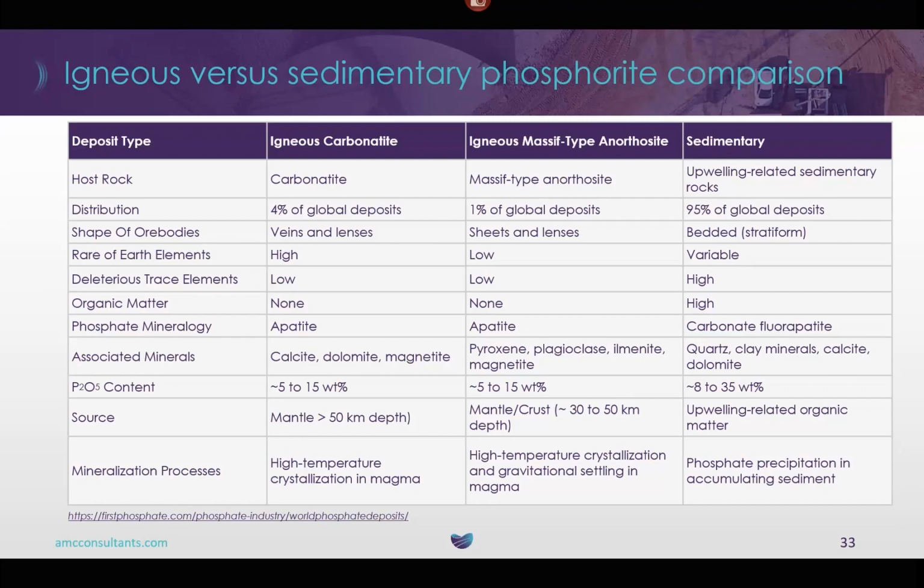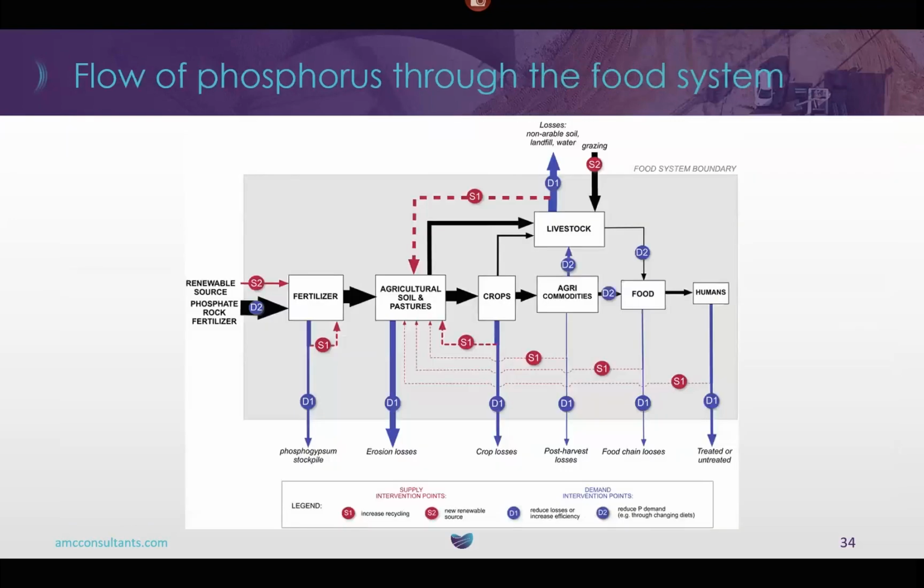So again, having a large phosphate deposit doesn't necessarily mean you're going to have an economically viable phosphate deposit, because you may not be able to process the phosphate out, or you need to blend your phosphate deposit with material coming from another source, which has, say, for example, low cadmium.